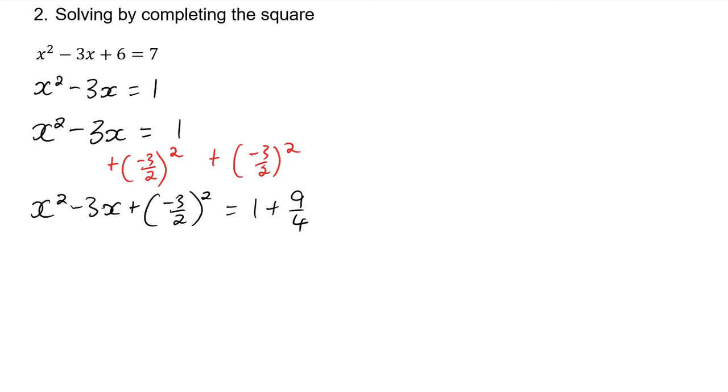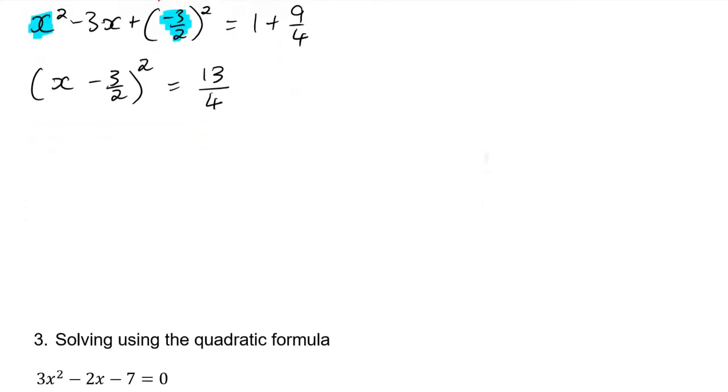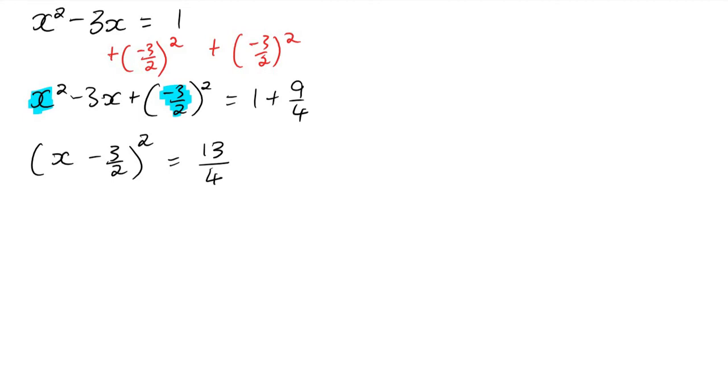To keep it on the left makes it easier to see that it's just x minus 3 over 2 all squared. And on the right, 1 plus 9 over 4 is 13 over 4.